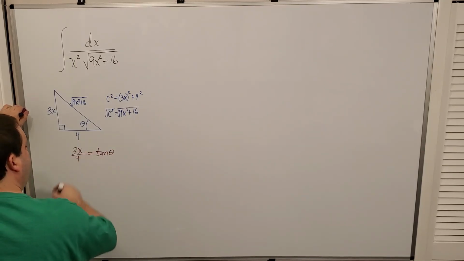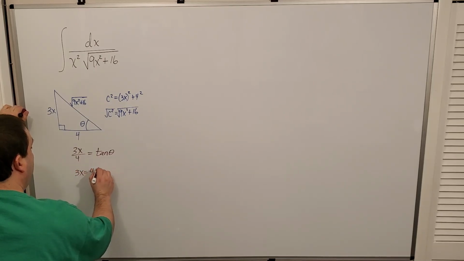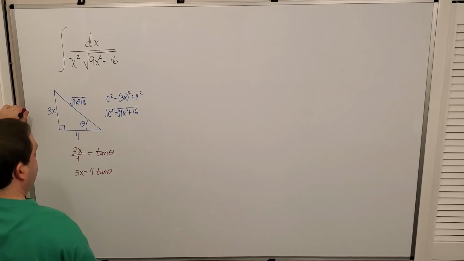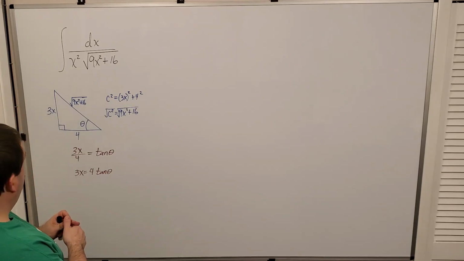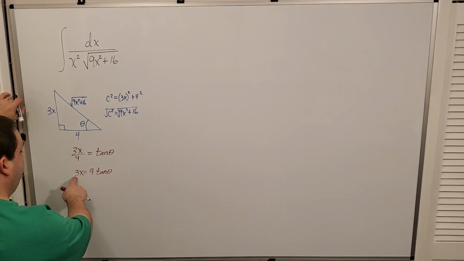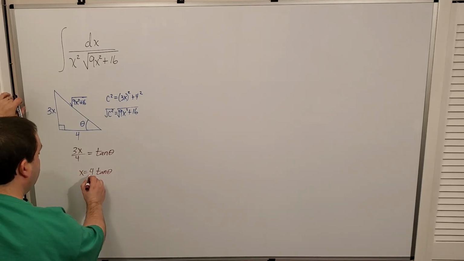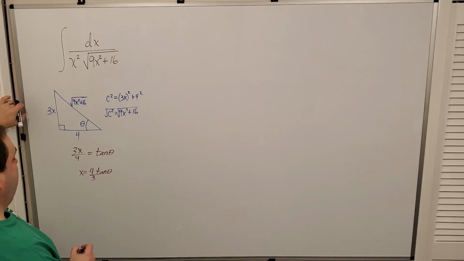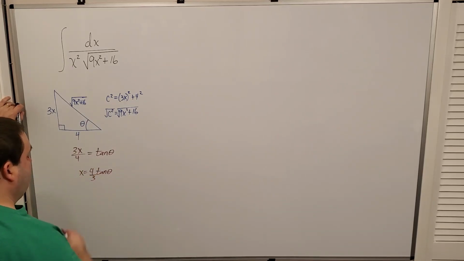I'm going to multiply by the 4. So 3x is equal to 4 tangent theta. That's pretty good. Let me go ahead and just follow it through the rest of the way. I'm going to go ahead and divide by the 3 as well. So x is equal to 4/3 tangent theta. That's my actual substitution here between x and theta.